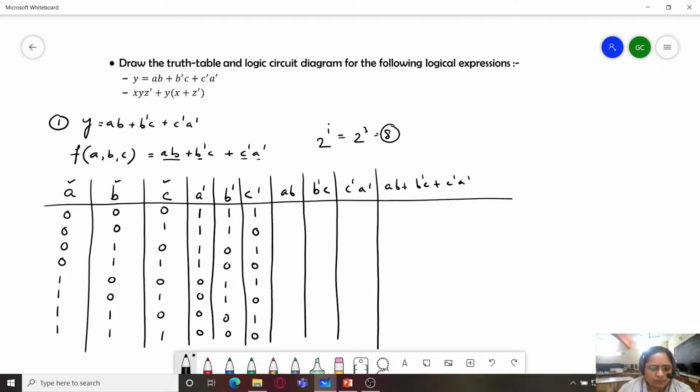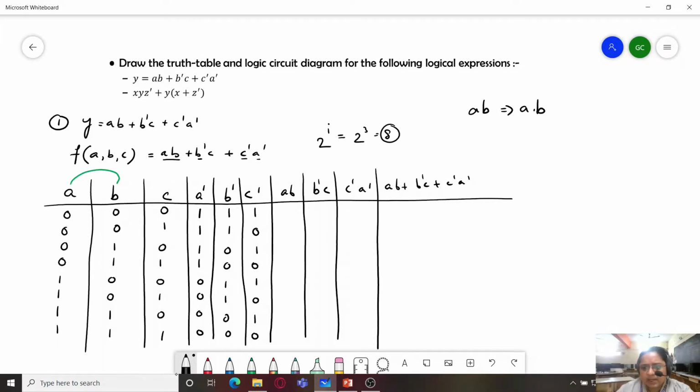Now we have to find out the value for AB. That is, we need to work on these two fields, A and B. Now what is the operation between A and B? If there is nothing between two variables, it means it is the logical multiplication.